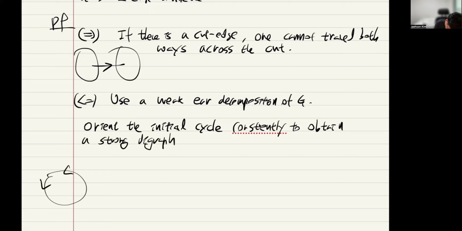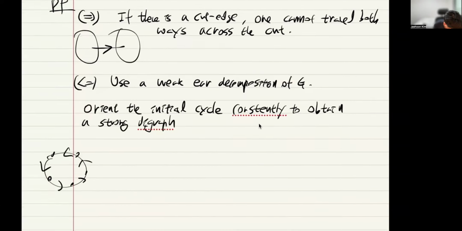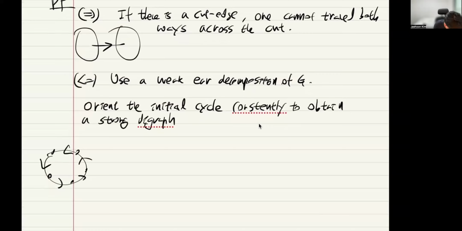Your cycle is consistently oriented, and wherever you start, you just follow the orientation, then you can visit every vertex. So this is a strong digraph.